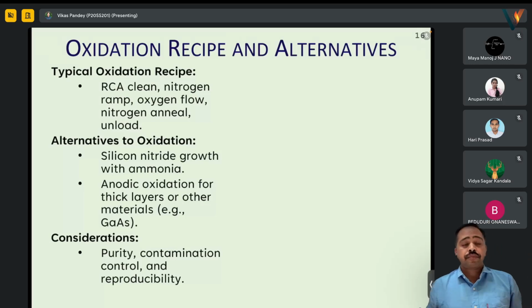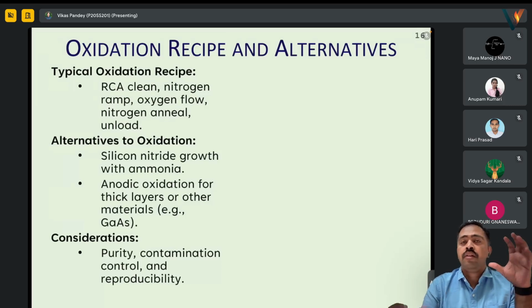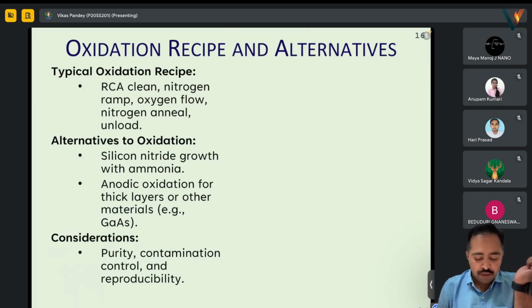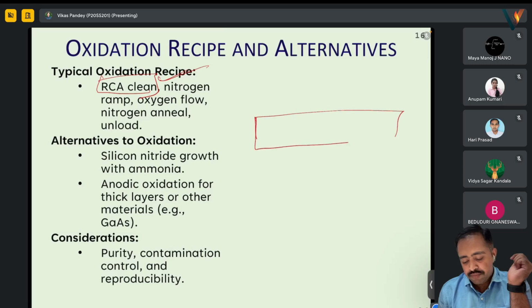So we have seen the setup, we know how it is done, but what are the steps that we follow to do this? First we start with RCA clean. This we have already studied. Then in the chamber we are loading, let's say, the wafers in the quartz boat or crucible.